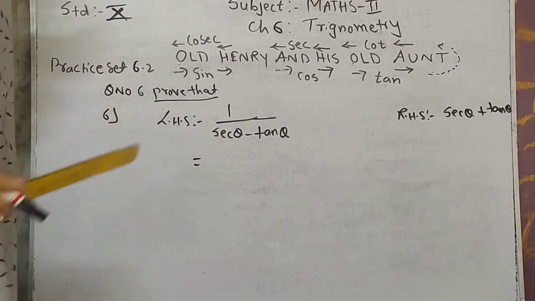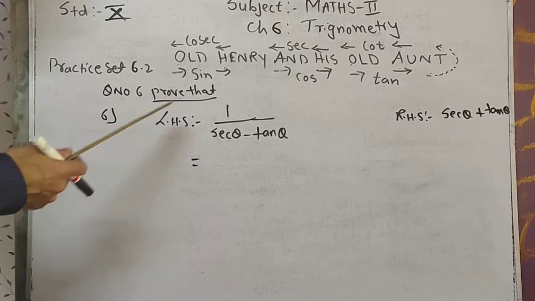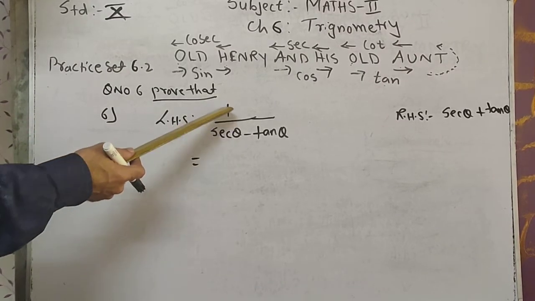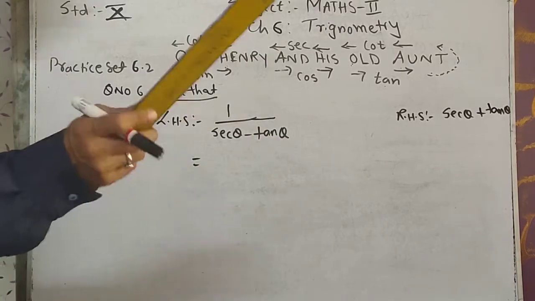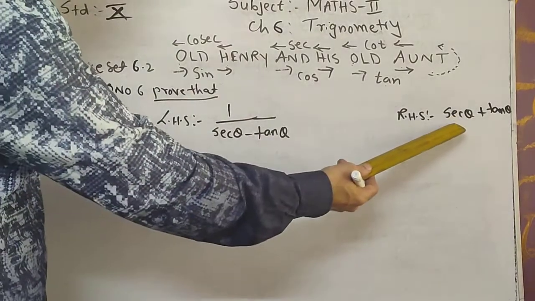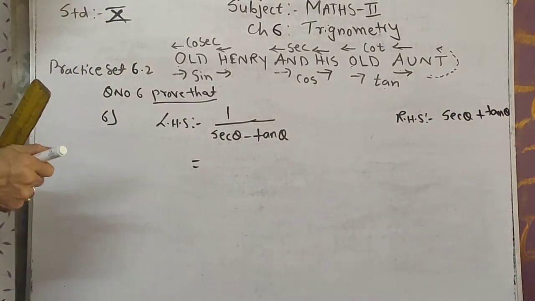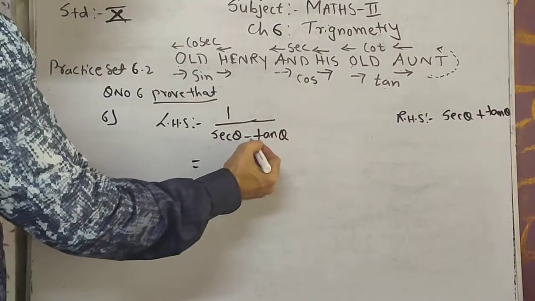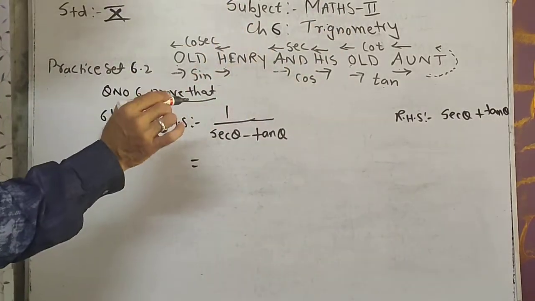Okay, now come to sum number 6. Prove that the left hand side is 1 upon sec theta minus tan theta, and your right hand side is sec theta plus tan theta. Here you will multiply with the conjugate, because you want sec theta plus tan theta on top, in the numerator.